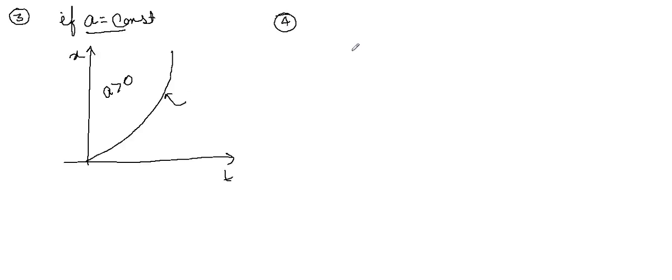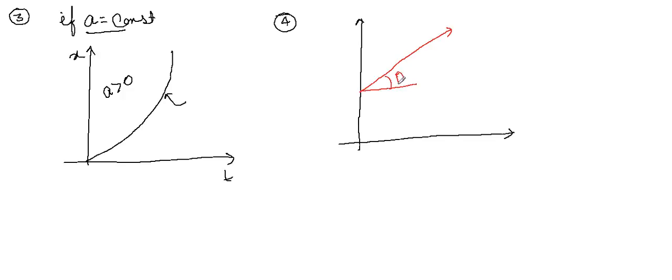Fourth case, the acceleration time graph. If an acceleration time graph is given, then the slope will give you the rate of change of acceleration. This axis is acceleration, this axis is time. This slope will give you the rate of change of acceleration.